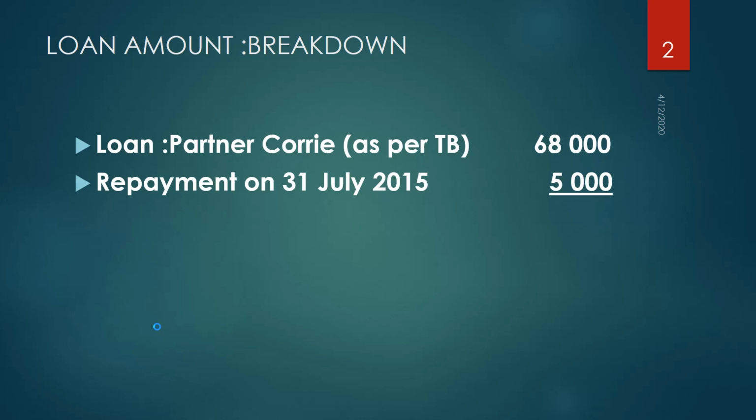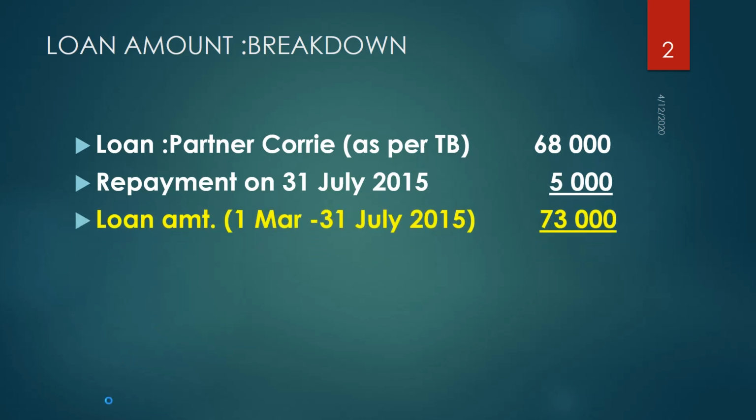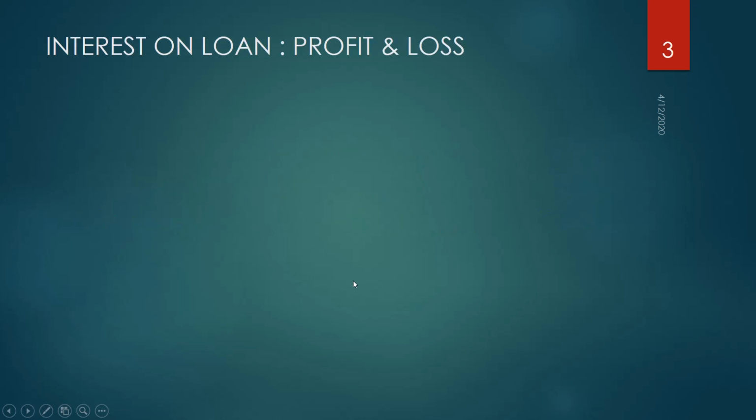Remember, our current financial year commences on 1 March 2015. So between 1 March 2015 and 31 July 2015, the capital amount of loan was 73,000. So we need to determine the interest attributable to the period 1 March until 31 July 2015.